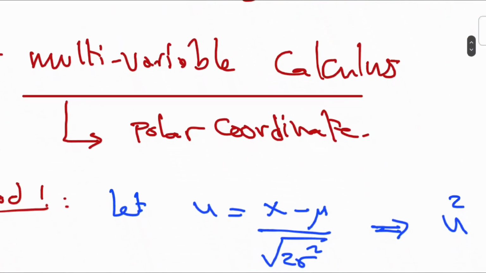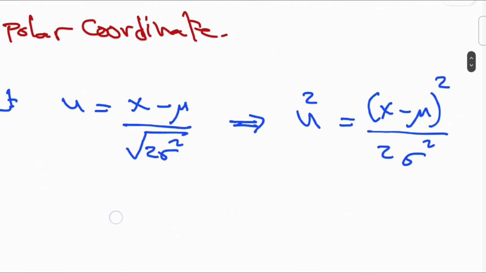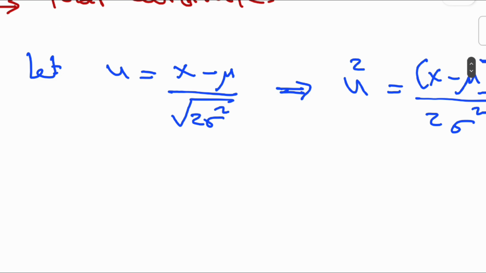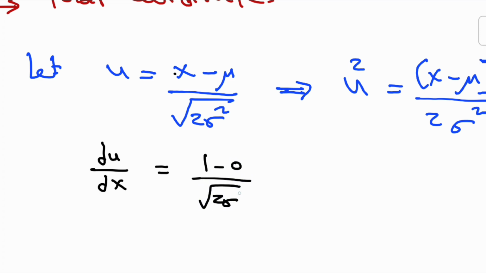If you differentiate, du by dx is the derivative of x, which is 1, minus 0, divided by root 2 sigma square.